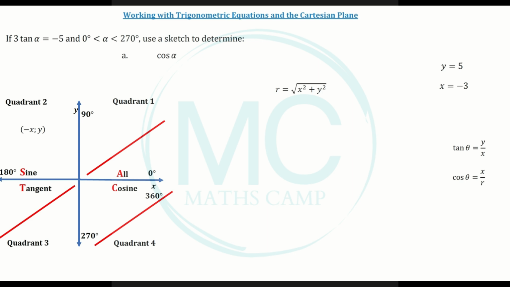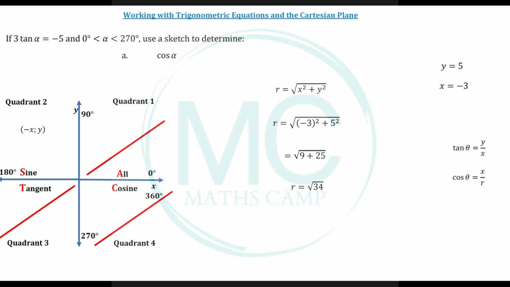Now we can fill in our values, and we say r is equal to the square root of (-3) squared plus 5 squared. (-3) squared gives us 9, plus 5 squared, which gives us 25, all under a square root. 9 plus 25 gives us 34.